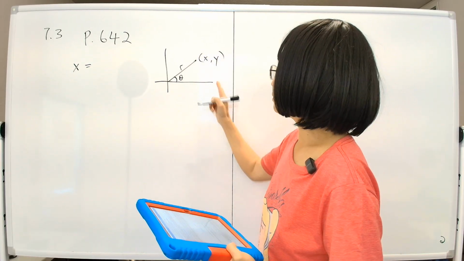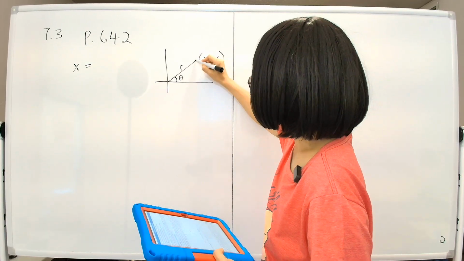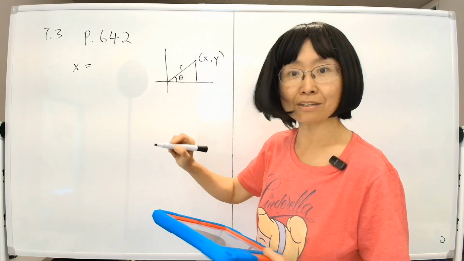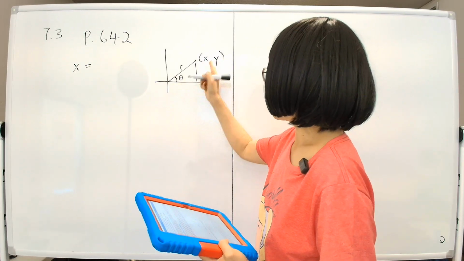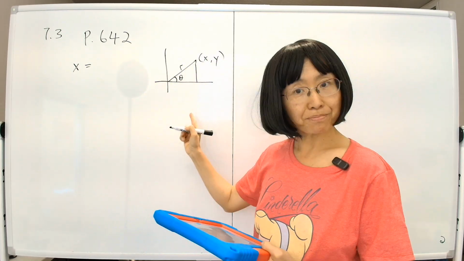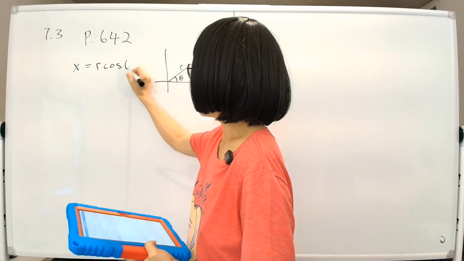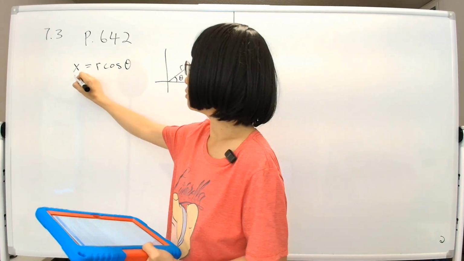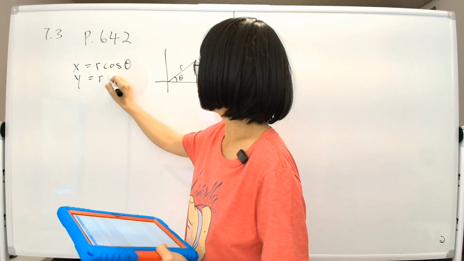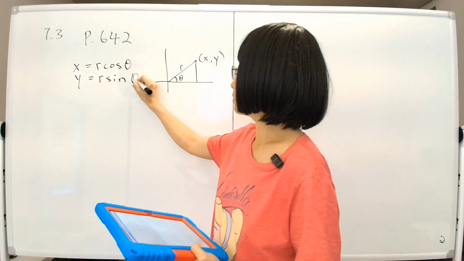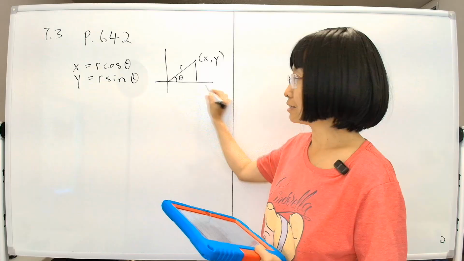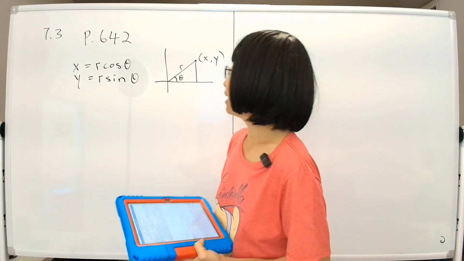Now we define it with trigonometry. Based on this graph, x will be equal to r cosine theta, and y will be equal to r sine theta.